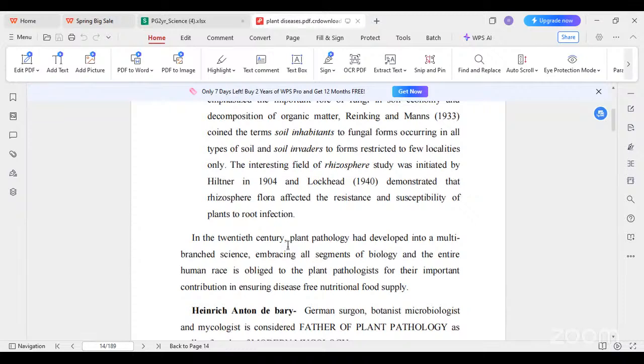In the 20th century, plant pathology had developed into a multi-branched science, embracing all segments of biology, and the entire human race is obliged to plant pathologists for their important contribution in ensuring disease-free nutritional food supply.